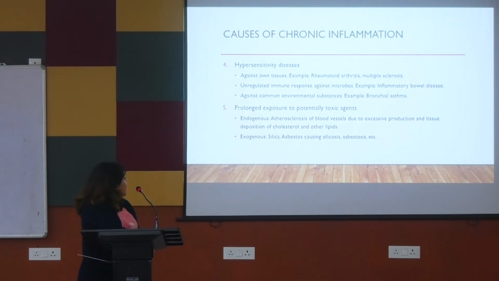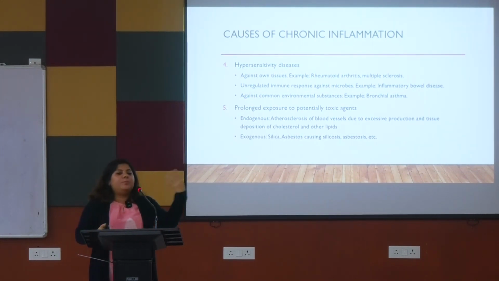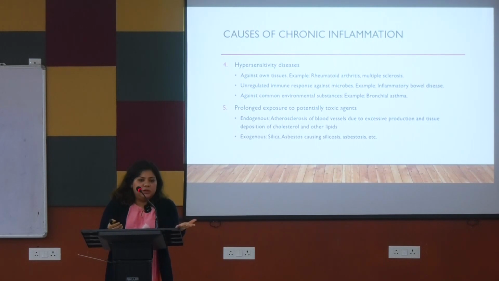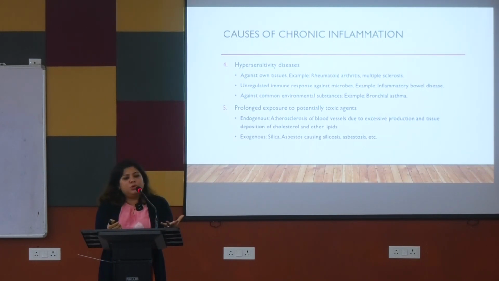Another, this is also very common, against environmental substance. Now, say there are pollens in the environment, maybe seasonal or maybe just because of cold also. It does not harm the body in any way. This is not a microbe, it's not a pathogen. But in some people the body does not recognize that this is not harming me in any way. Still the body is launching an attack against this.